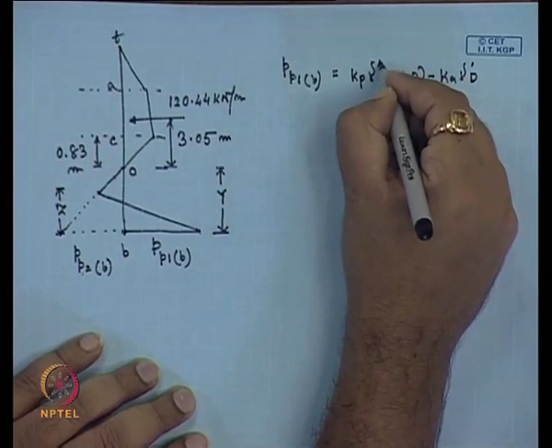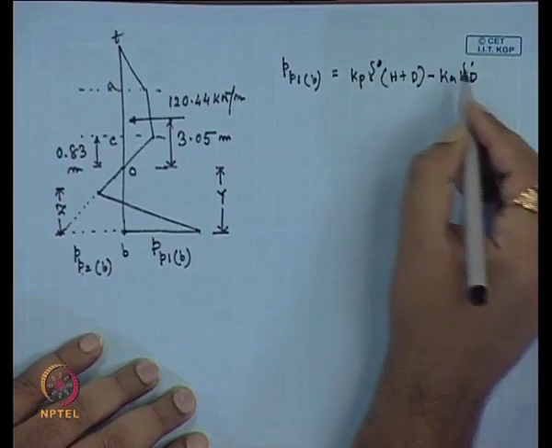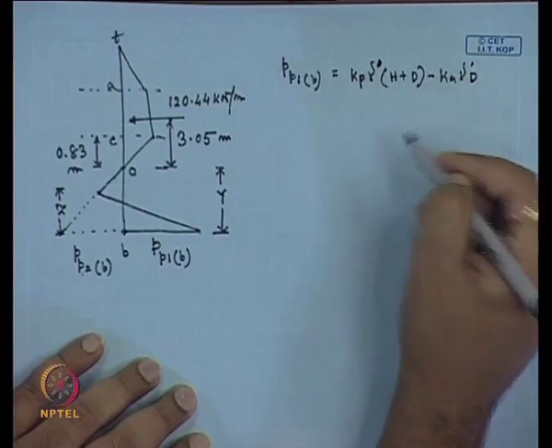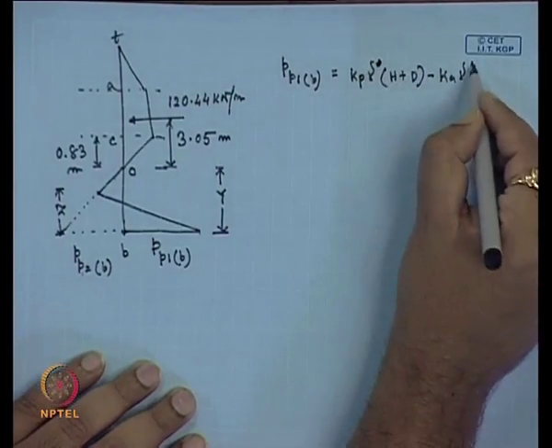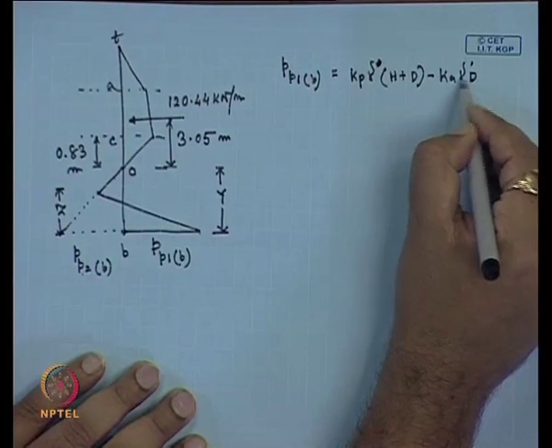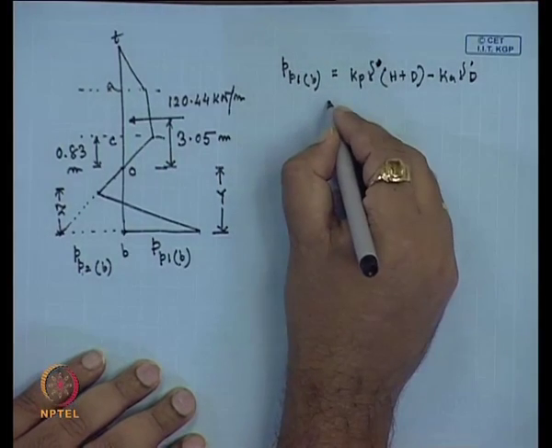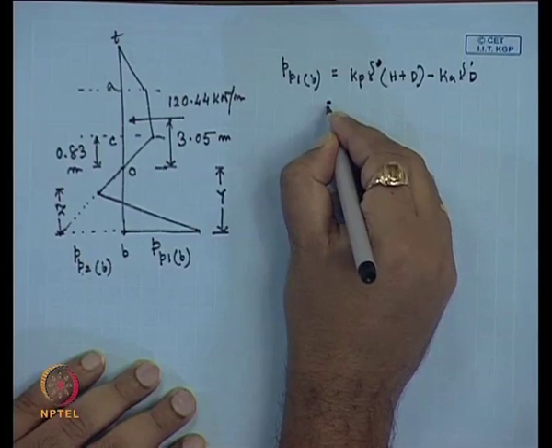First we will consider this as gamma, then we will apply it according to the depth, because here it is D, so it will be gamma dash.